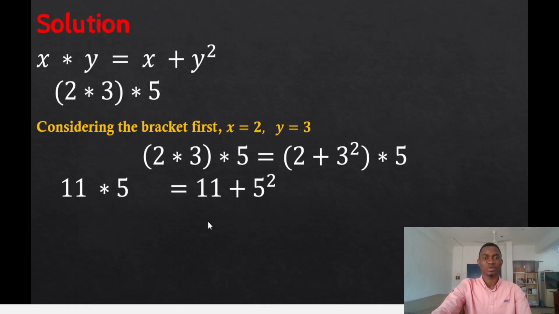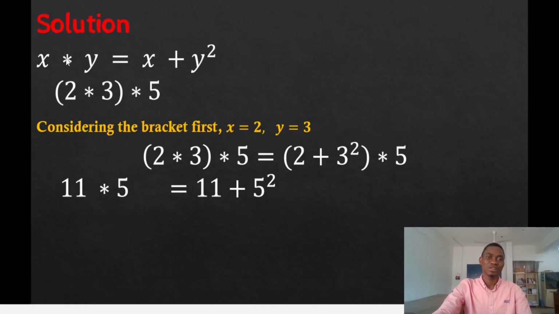All right? So 3 squared is 9. So 9 plus 2 is 11. Now we have 11 star 5. So our first element now is 11. And our second element is what? 5.